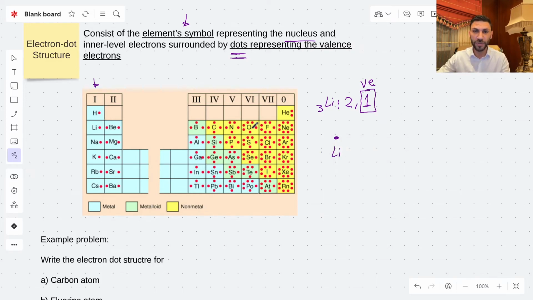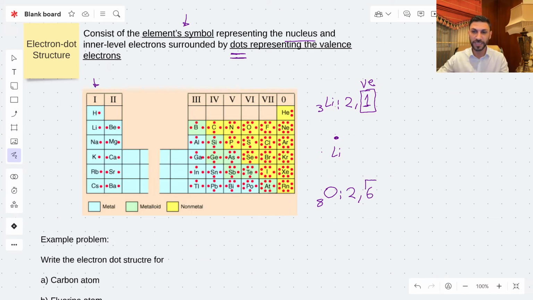Let's check, for example, oxygen. Oxygen, from the periodic table, has atomic number 8. So the electron distribution among the principal levels is going to be: in the first orbital, we have 2 electrons, and in the second orbital, we have 6 electrons. Don't forget, the maximum number of electrons in the second level is 8, so we can put all the 6.